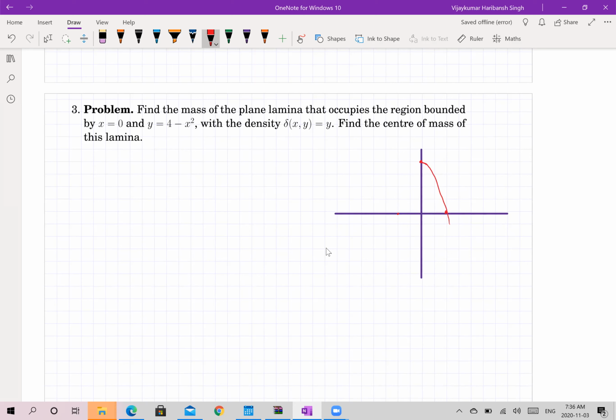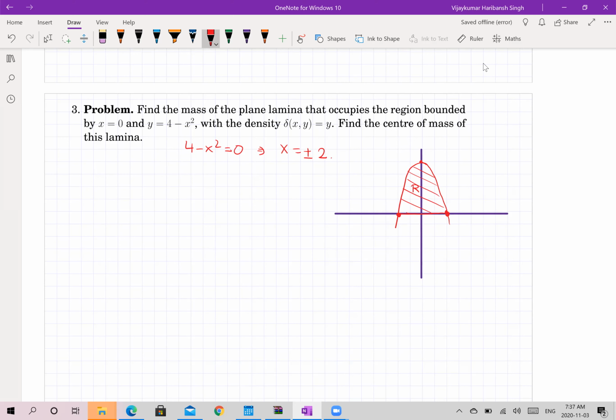So this is how your region looks like. This is your region R. You need to find these 2 points of intersection. For that, 4 minus x squared equals 0 gives x equals plus or minus 2.